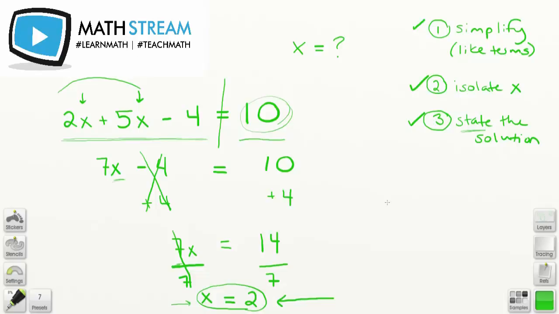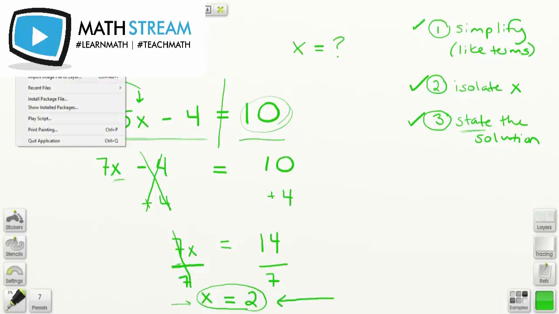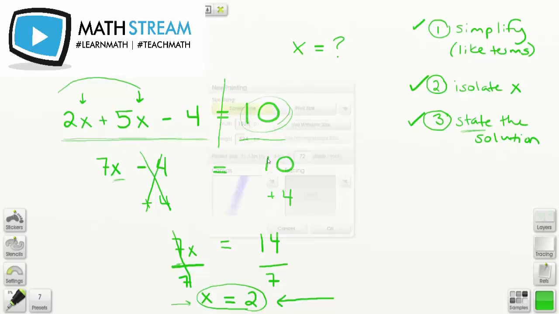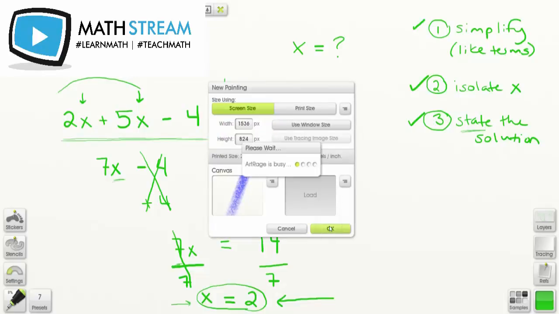Okay, we're going to start a second example. The example that I'm going to give us is 3x minus 5 equals 2x plus 4.